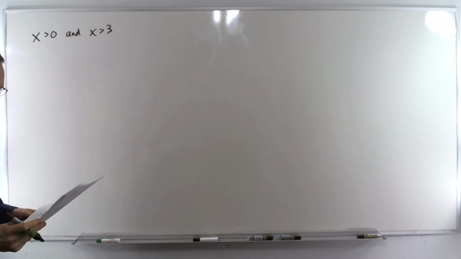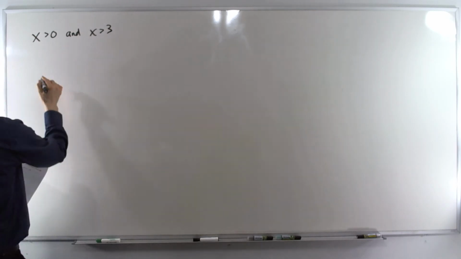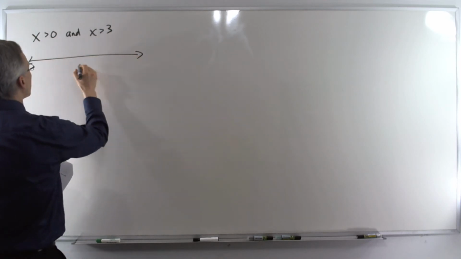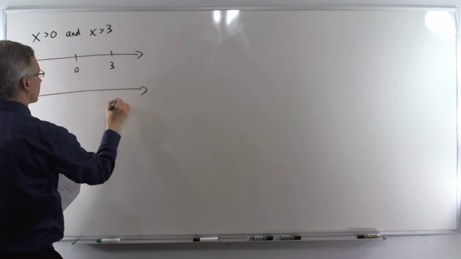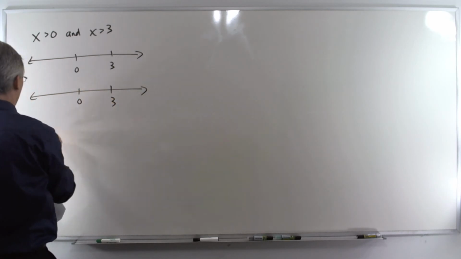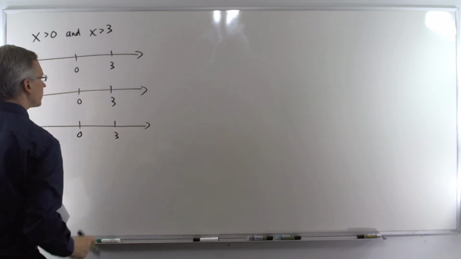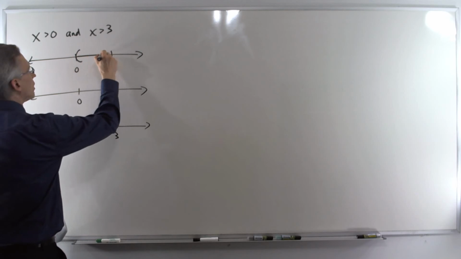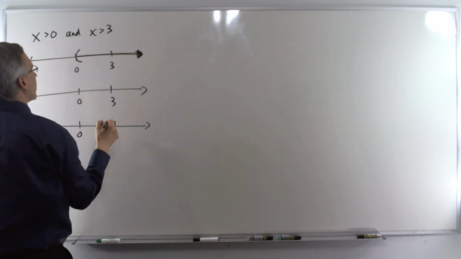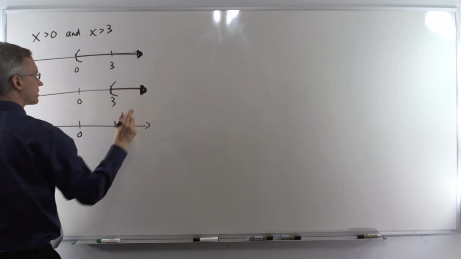Now we've got x greater than 0 and x greater than 3. So if we graph those, again, these graphs don't need to be anything special. Just get the critical numbers in there. Greater than 0, going to the right. Greater than 3, another parenthesis, going to the right. Strictly greater than, so it's parenthesis.